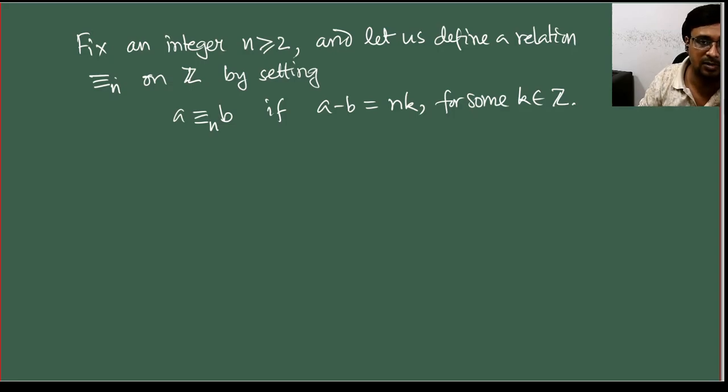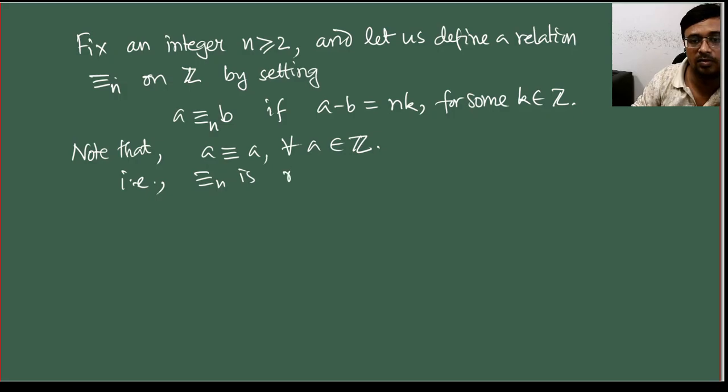Now note that a is congruent to a for all a belonging to Z, because a minus a is 0, which is divisible by n. So this is a reflexive relation.